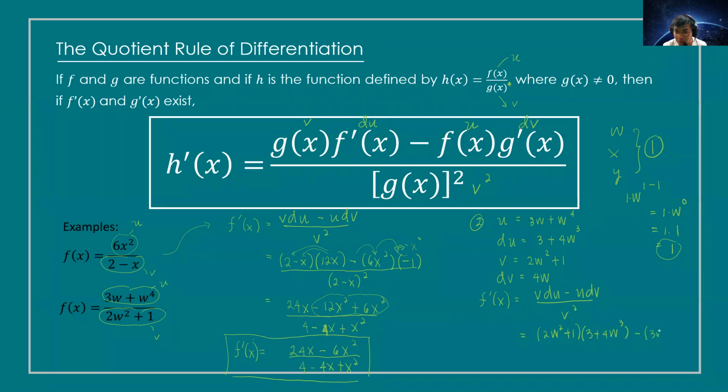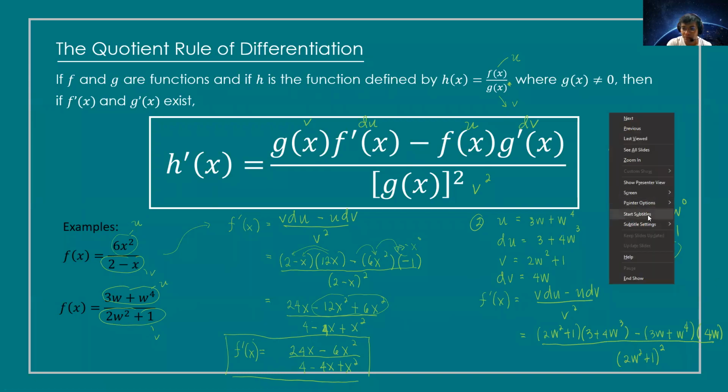This is 3w plus w to the power of 4 multiplied by 4w only all over v squared. 2w squared plus 1 and then squared siya. So you can also express that in that manner para di mo maglisod.